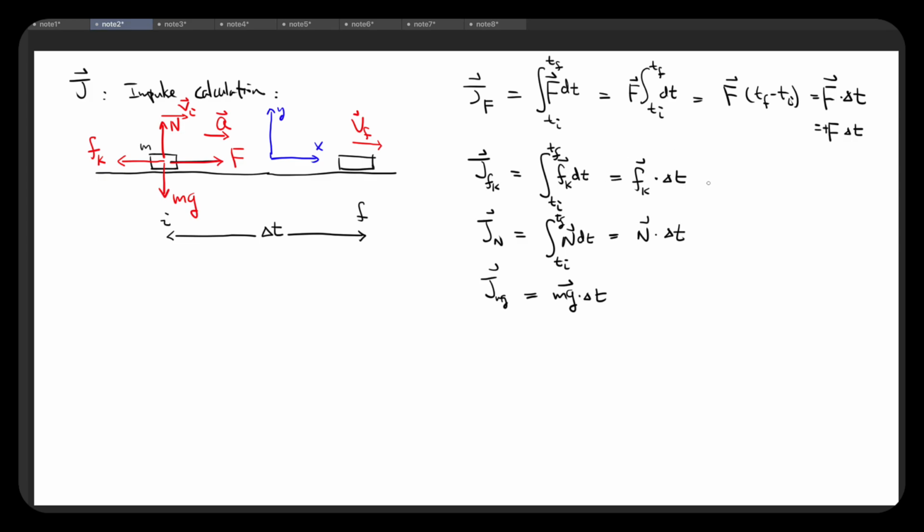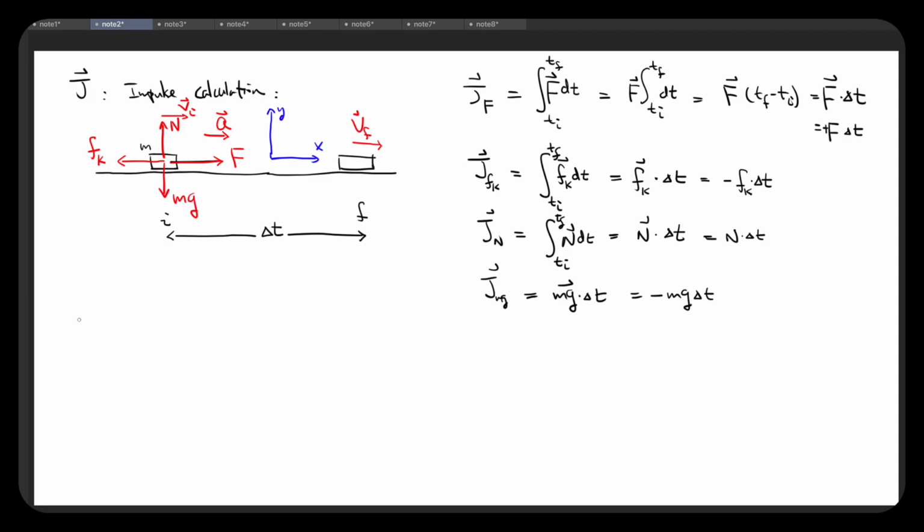Now for Fk, it will be negative delta t, since we introduced the positive x-axis to the right, so Fk is negative. This vector is negative. The normal force is positive, and gravity is negative. So we have all these impulses in various directions.